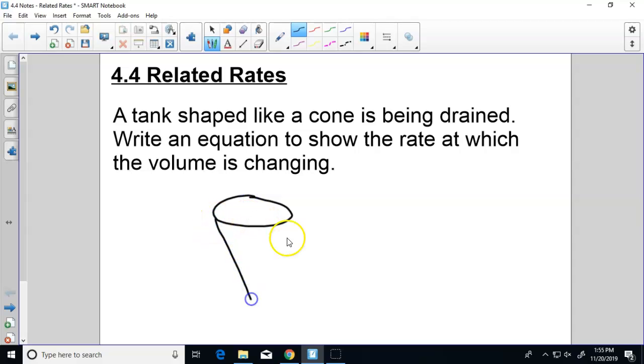We've got a cone, and it's an inverted cone, or else it won't hold any water. I do not know any dimensions of this, so we're just getting a basic idea of what we're looking at. So I'm going to label this R, that's my radius.